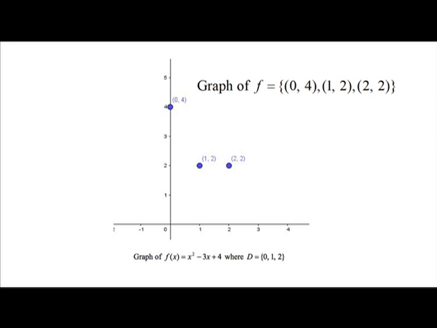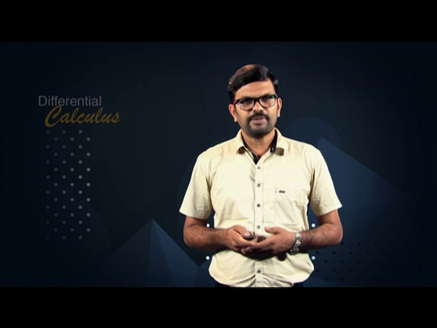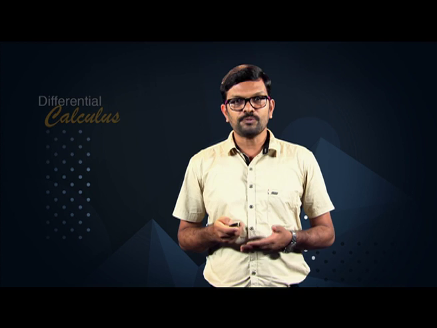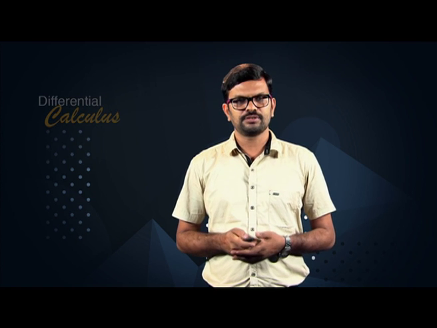So, it can be easily plotted on the xy Cartesian plane. But if the domain contains infinitely many points, so does graph of f, and thus it is not possible to plot all points on the curve as done in the previous example, where there are only 3 points.